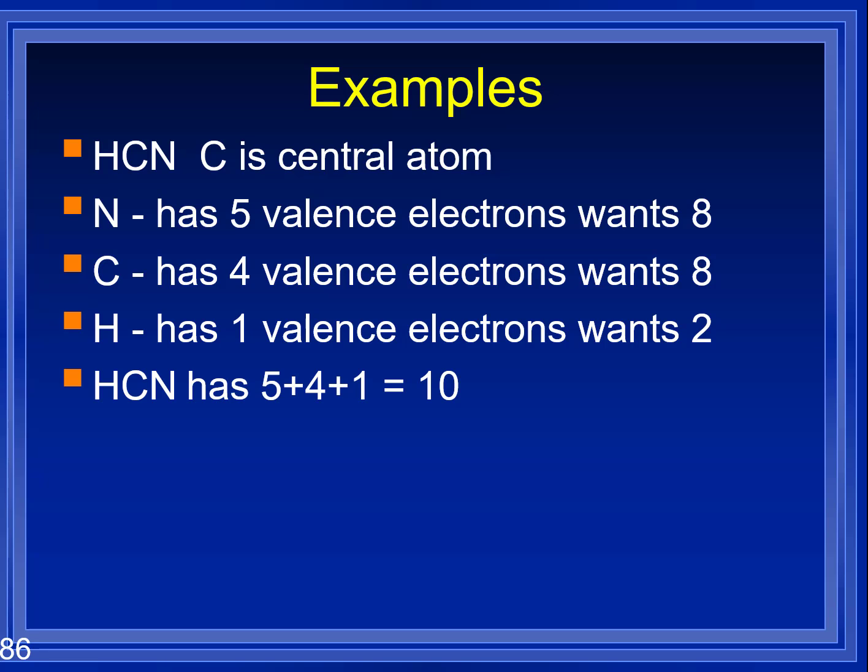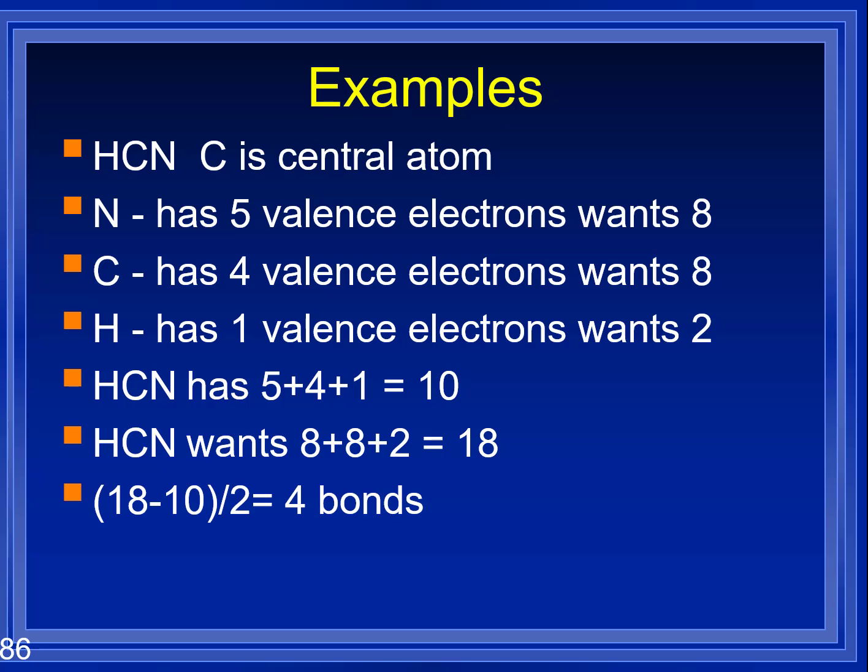So HCN has 5 plus 4 plus 1. That's 10, because there was 1 of each. Its happy number, 8 plus 8 plus 2. 8 for carbon, 8 for nitrogen, 2 for hydrogen. That's 18. Happy minus half, 18 minus 10 is 8, divided by 2 is 4.